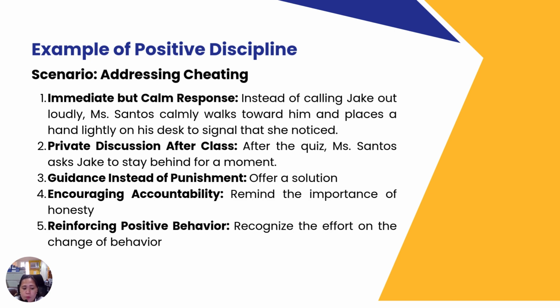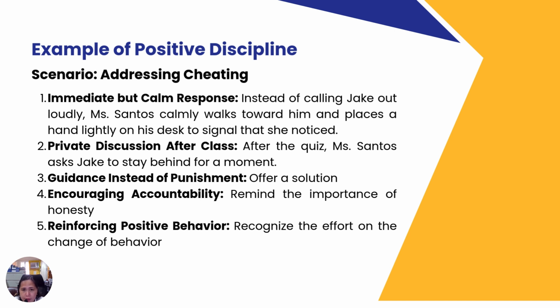So for example, I will give you a chance to retake a similar quiz after school, but the next time I catch you cheating again, I will no longer give you the same consideration.